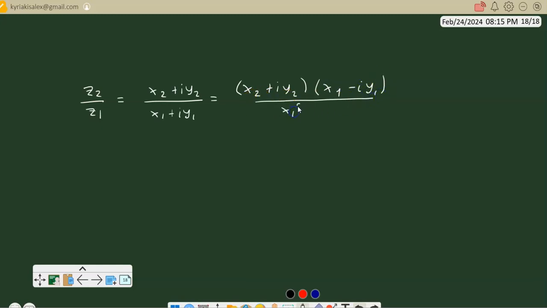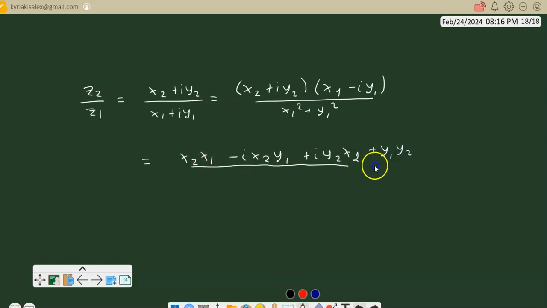So this is x1 squared plus y1 squared in the denominator. x2 x1 minus i x2 y1 plus i y2 x1 plus y1 y2 divided by x1 squared plus y1 squared.